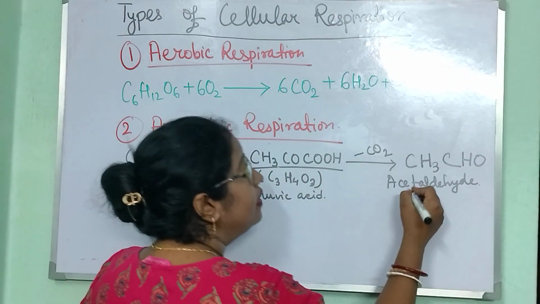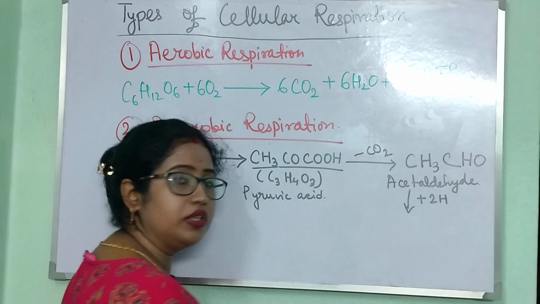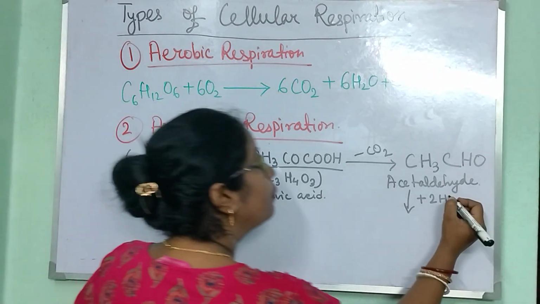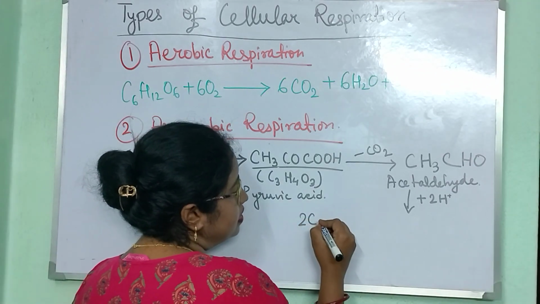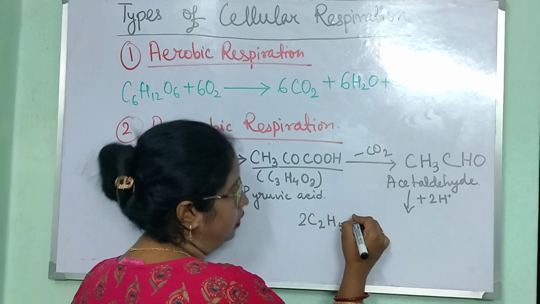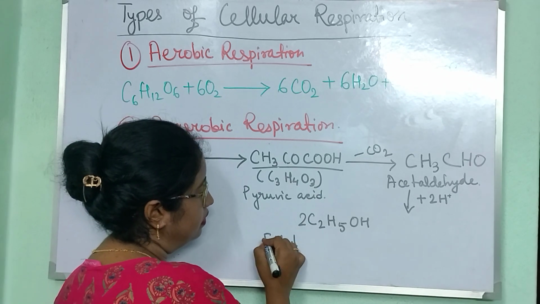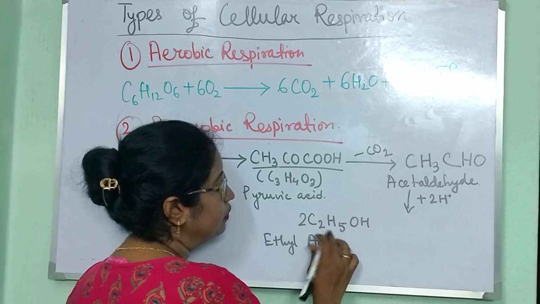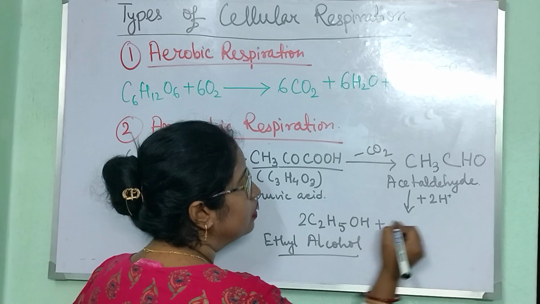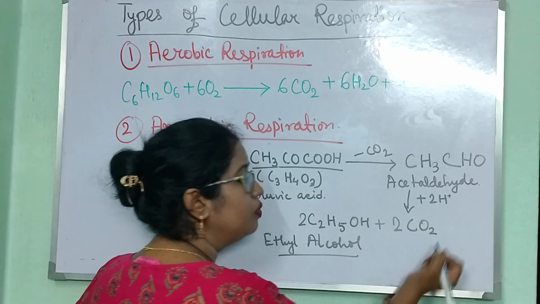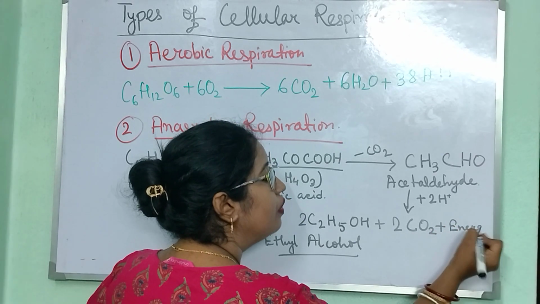This acetaldehyde is then transformed via the addition of two hydrogen atoms into ethyl alcohol, that is 2C2H5OH. This is known as ethyl alcohol, plus 2 CO2 molecules are released, plus energy is formed.